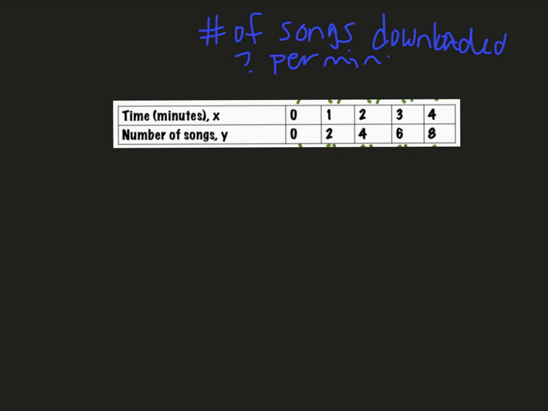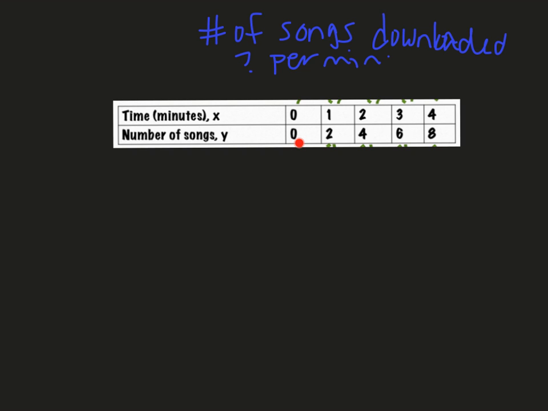You can look at this. I can look at how this 0 relates to this 0, this 1 relates to this 2, 2 to 4, 3 to 6, 4 to 8. That's great. Sometimes if I look at it this way, it's going to give me the information I need, depending on what the data is. But with this guy, at minute 0 he hadn't downloaded any songs, because he hadn't even started yet.